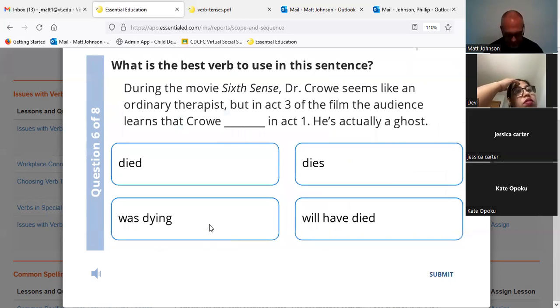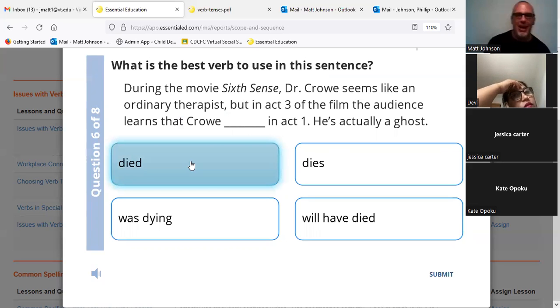Oh, and here is our second spoiler alert. If you've never seen The Sixth Sense, and if you haven't seen it, you should, because it's a great movie. During the movie The Sixth Sense, Dr. Crow seems like an ordinary therapist, but in Act 3 of the film, learns that Crow died in Act 1. But you know what? That movie's like 20 years old.